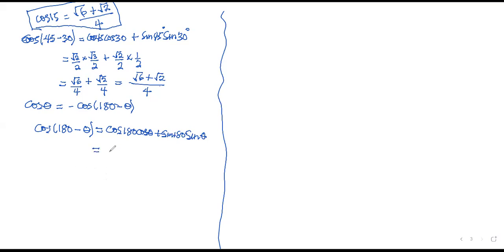Now cos 180 is equal to -1, standard angles. Times cos theta, plus sine 180 is 0, so 0 times sine theta.